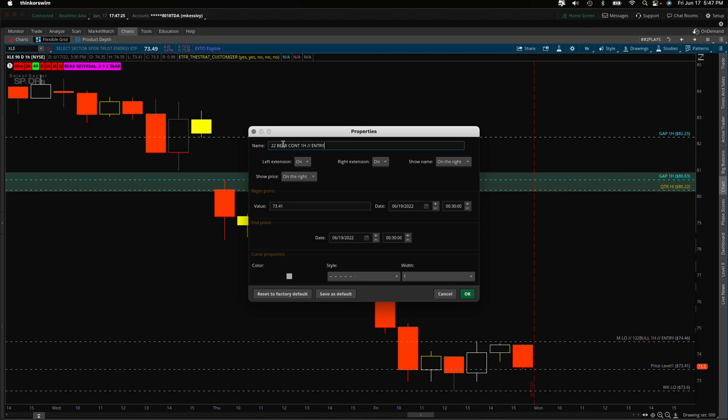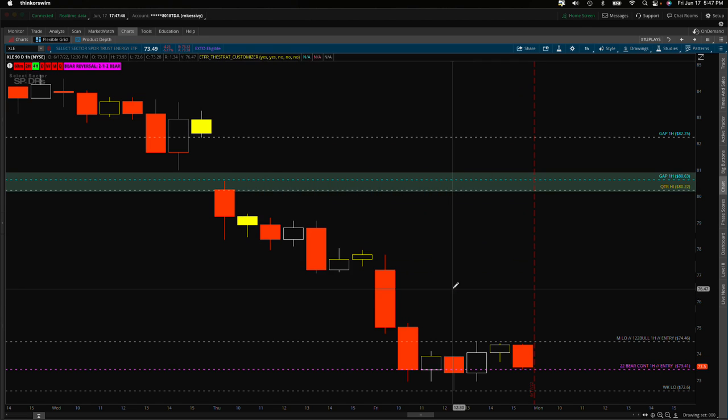We say continuation because it's not a 2 up, 2 up, 2 down. It's just an inside bar, a 2 down. And so if we break the low of this, it would be a 2 down continuation. So 2-2 bear continuation, right? That'll be our entry. I'll mark that pink, hit OK.